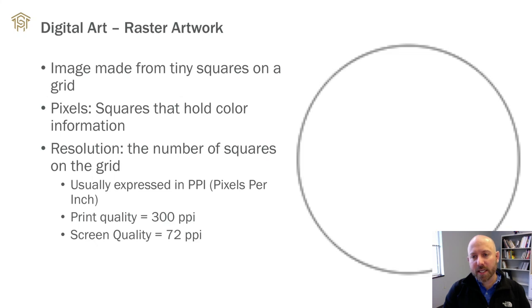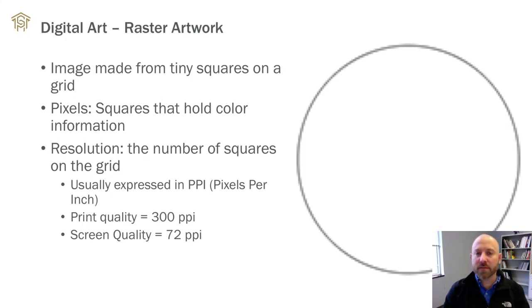Now, the thing to understand about resolution is that it has a direct impact on the quality of the final printed piece. If you want something that looks really nice, prints the way it should, and looks sharp and clean, you're going to need at minimum 300 PPI, and that's kind of a standard.